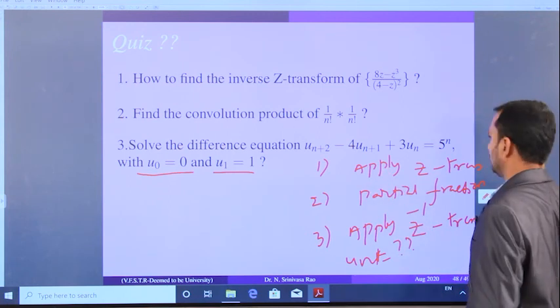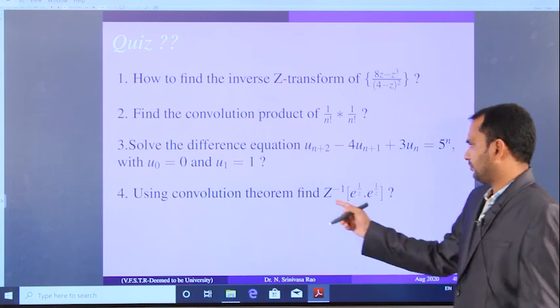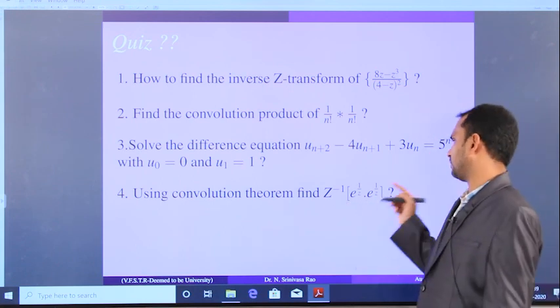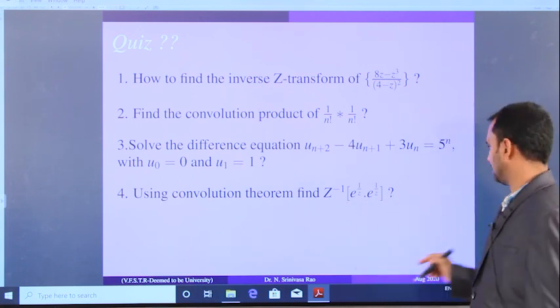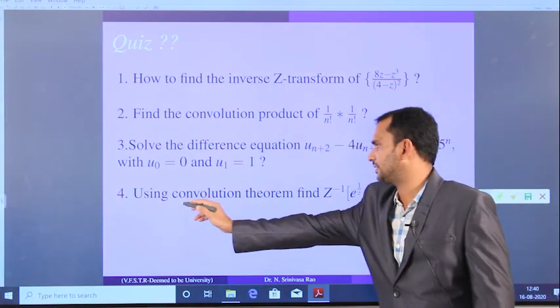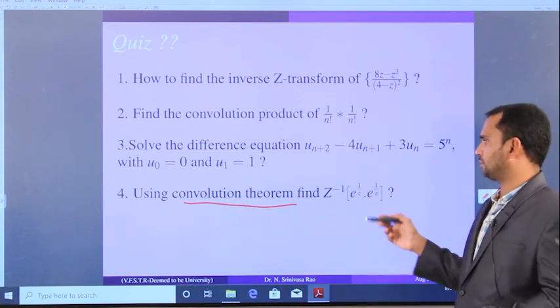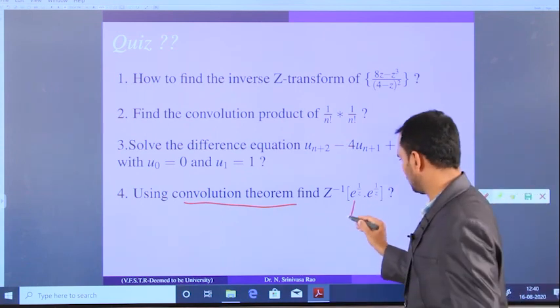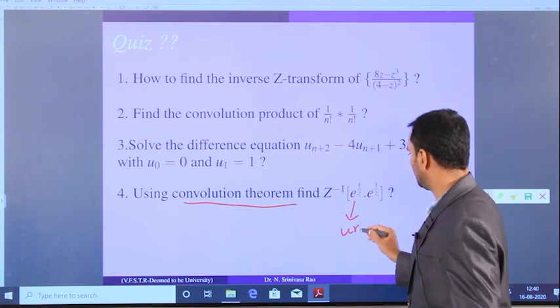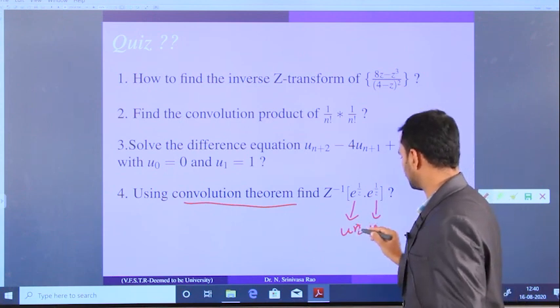Okay, so now look at the next problem. Using convolution theorem, find z inverse of e power 1 by z into e power 1 by z. He has asked to use the convolution theorem, so that means you should apply the convolution theorem only. So you make this un and this vn, so this is u of z and v of z.